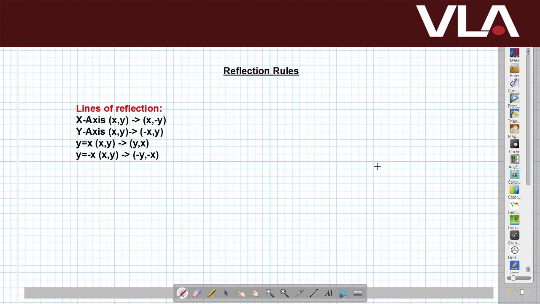And if our line of reflection is over y equals negative x, it's the same process. This one, the rule is a little different. You flip both the coordinates, and then you take the opposite of each. Let me show you the line of reflection of y equals negative x. Remember, this is y equals x.